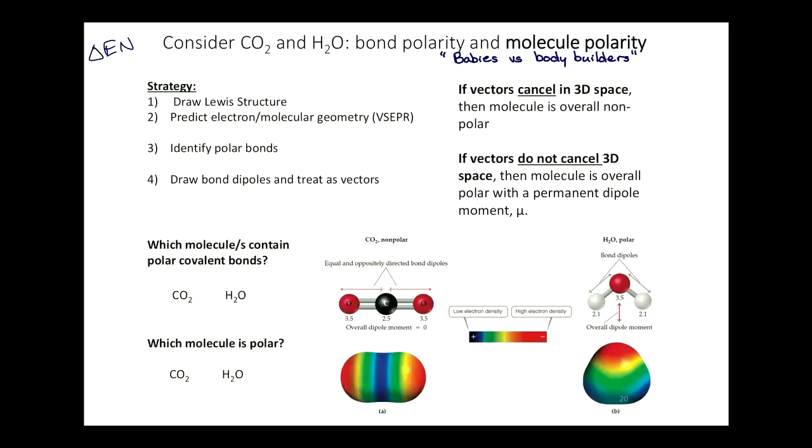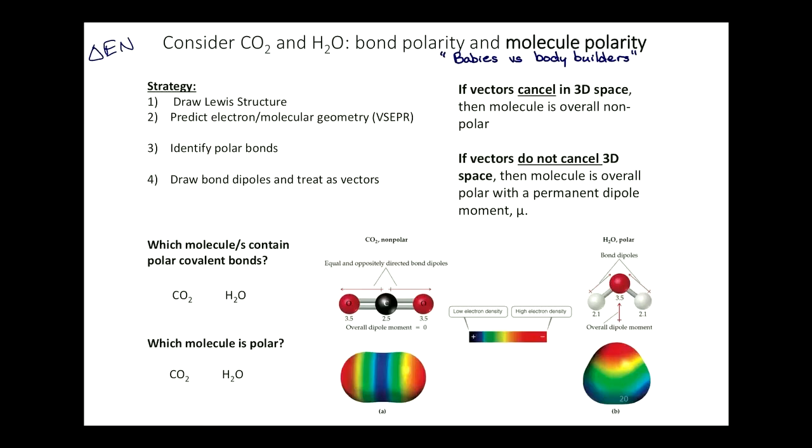So if we think about those bond dipoles from chapter 8 as vectors, we can apply those vectors on the molecule given their bond angles. It's not that bad. It's not vector math; I'm not good at vector math. My strategy to determine if a molecule is polar or not is a system that I call babies versus bodybuilders.